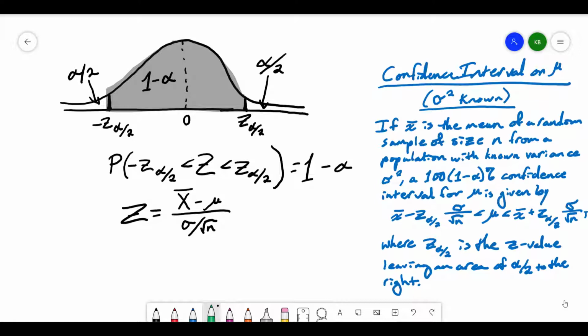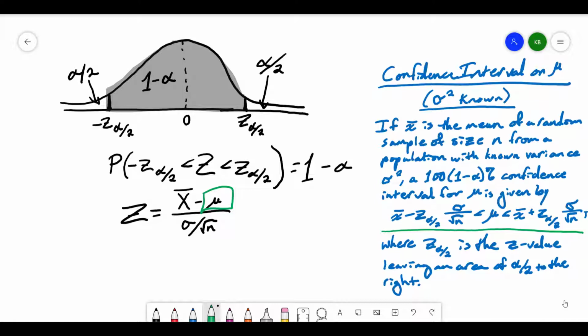So if I want to find a confidence interval on the mean of the population, and I know the variance of the population, then solving for the mean of the population right here gives me this inequality here, where I'm going to be looking for my sample point mean, subtracting from that the z value that gives me an area of alpha divided by 2 to the right, multiplying by the standard deviation of the population divided by the square root of the sample size.